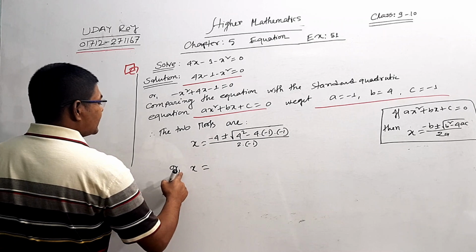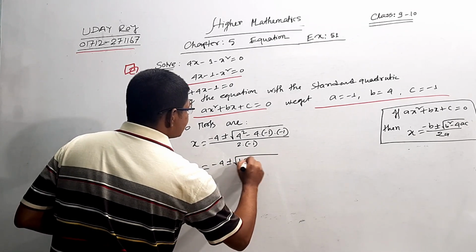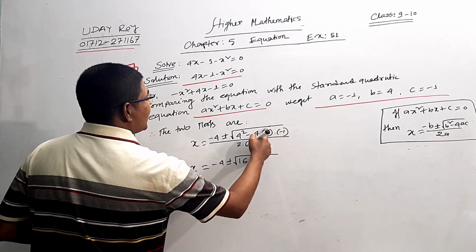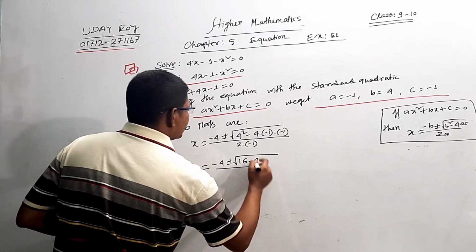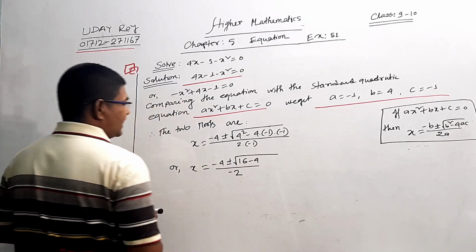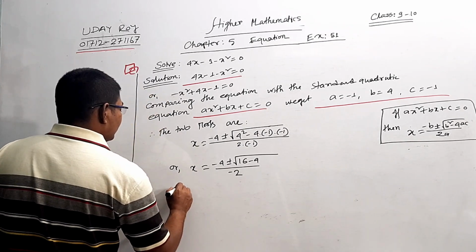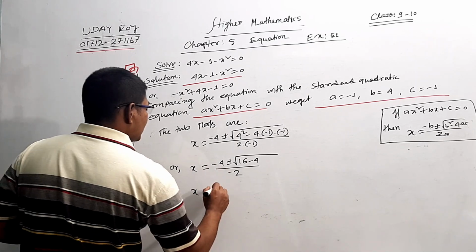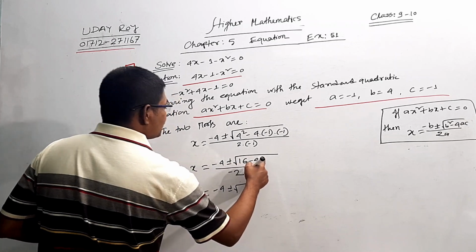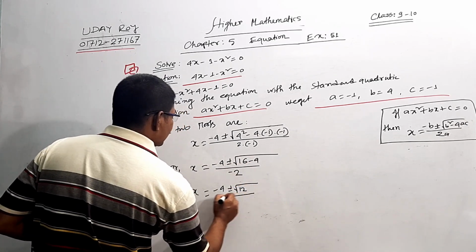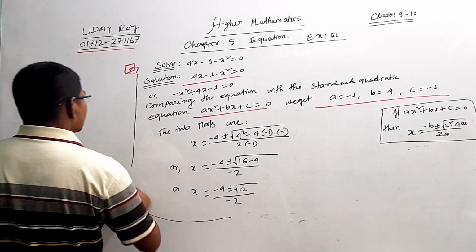So x equal to minus 4 plus minus square root of 16 minus 4 times minus 1 times minus 1, which is 12, divided by minus 2.